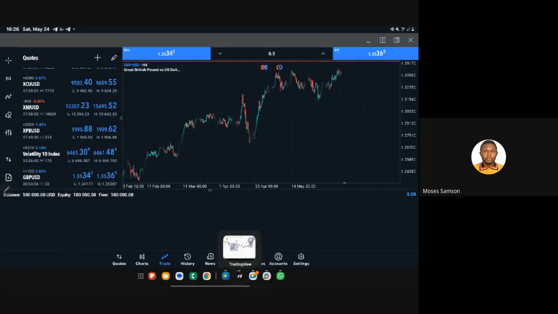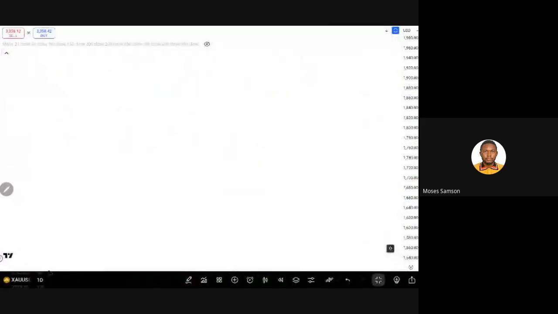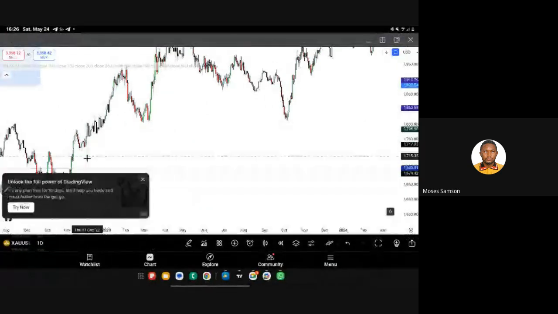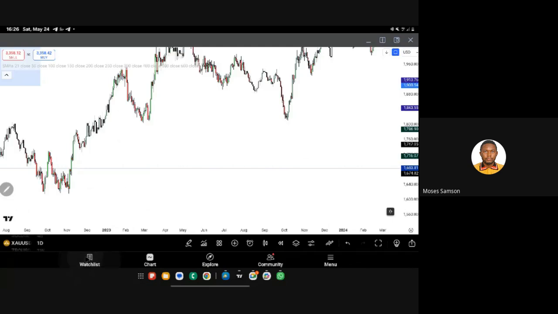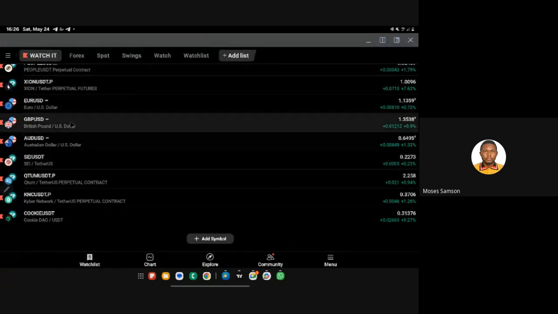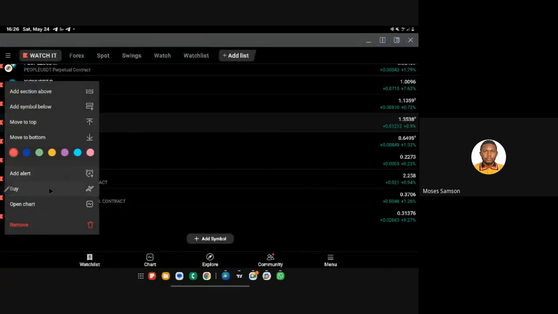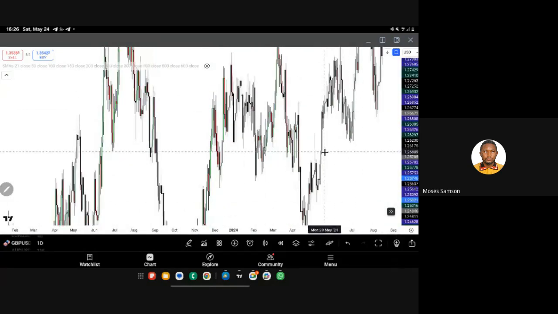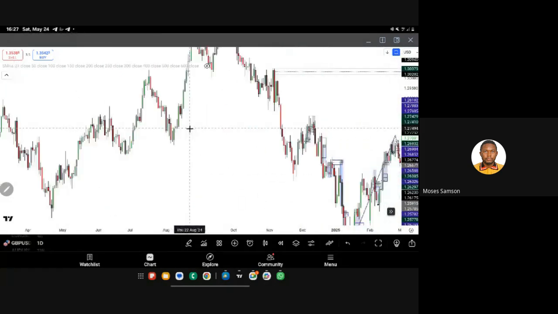Let's go back to TradingView and let's go back to GBP USD. I want you to see something. Price actually moves in pips. Sorry about my charts.